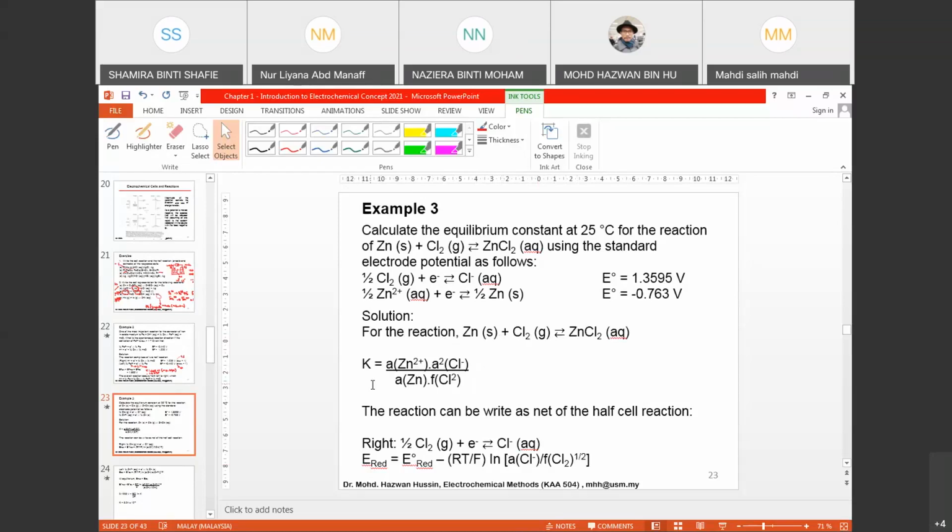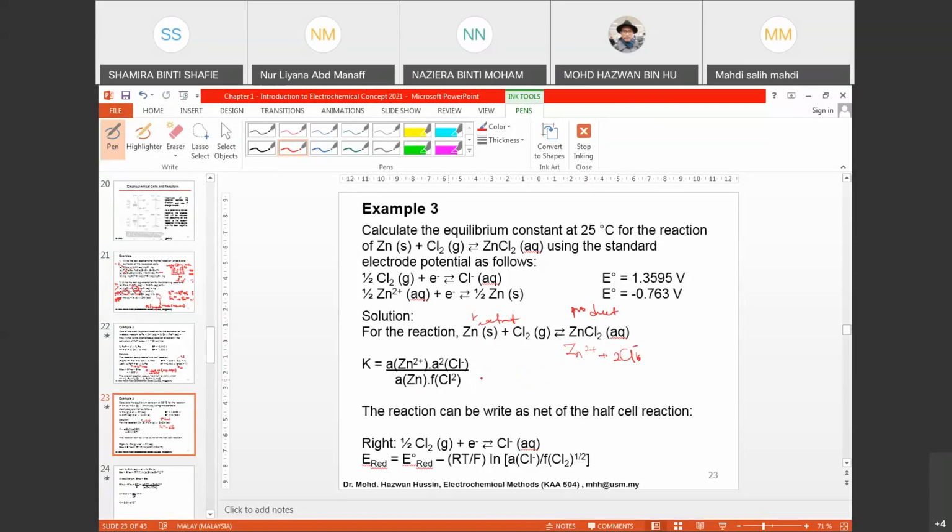The K equilibrium is equal to product over reactant. The product is the formation of zinc 2+ with 2 chloride ions, and this will be the reactant side.